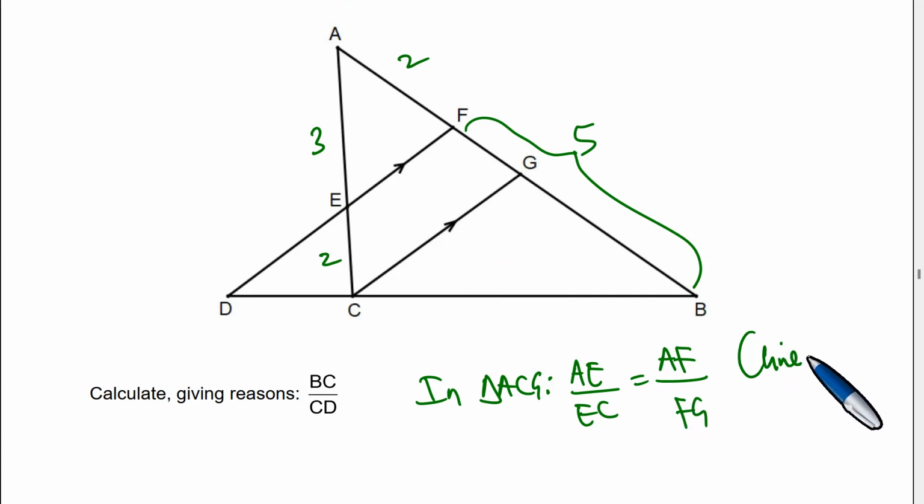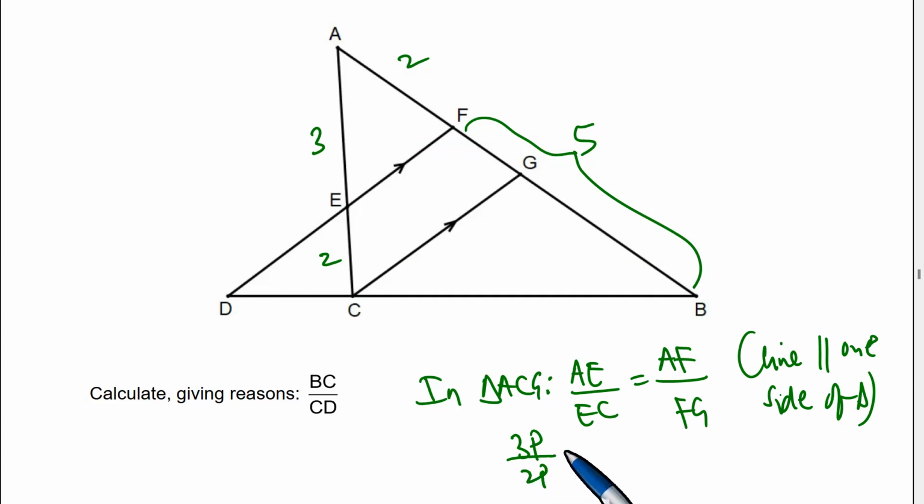Because of the line parallel to one side of the triangle. So what is AE over EC? It's 3 over 2, which is equal to, what is AF? You can call this 2K, 2K out of FG.